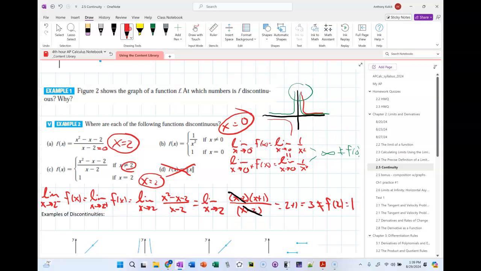So the discontinuity is at x equals 2, right? That's the value of x that we're checking. And the reason we know it is a discontinuity is because the limit as x approaches 2 is not equal to f of 2. Because the limit was 3 and f of 2 is 1, right? So that's our reason.